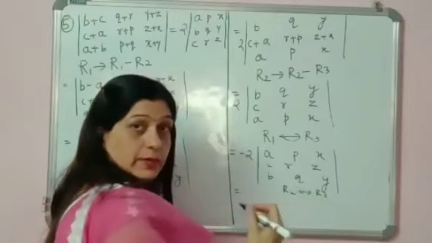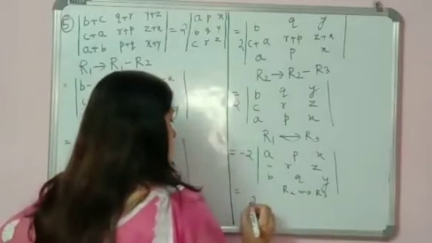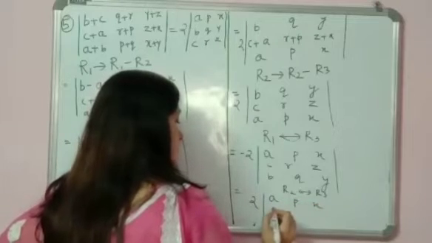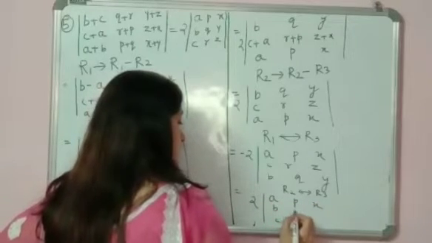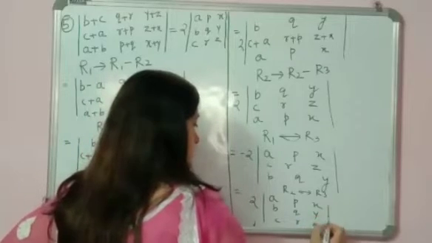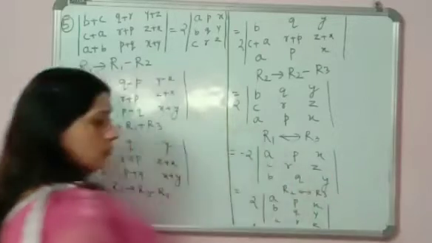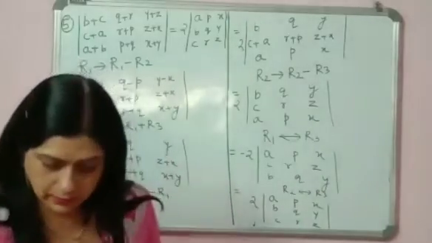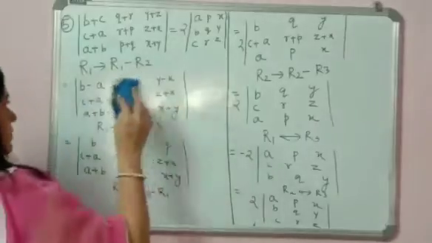So again that will be multiplied by -1, so it will be again 2 times APX, BQY, CRZ. Okay, so it is proved what we want. Okay, is it clear? Now come to question number 6.